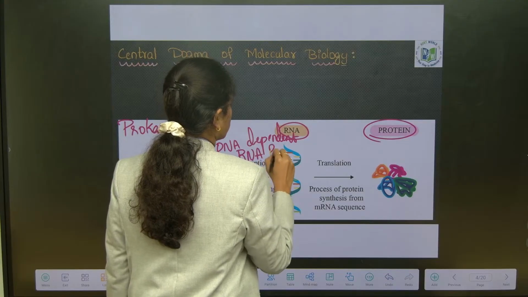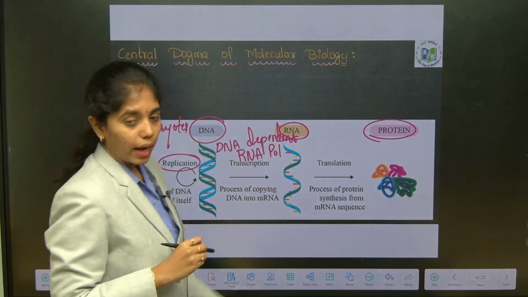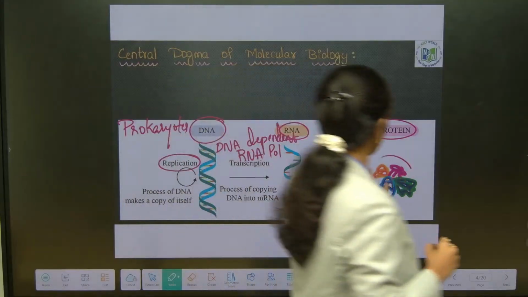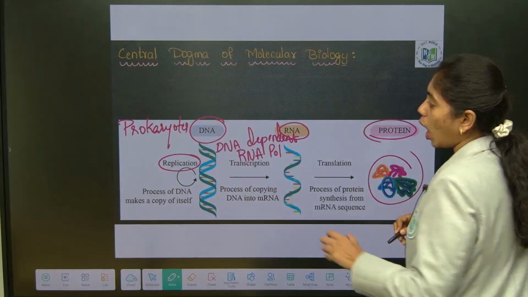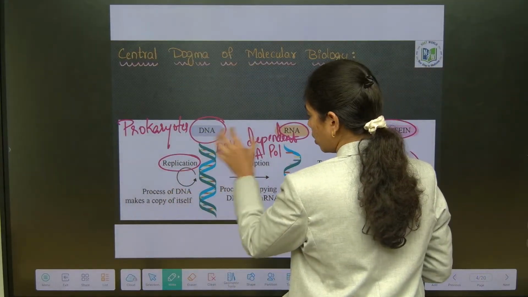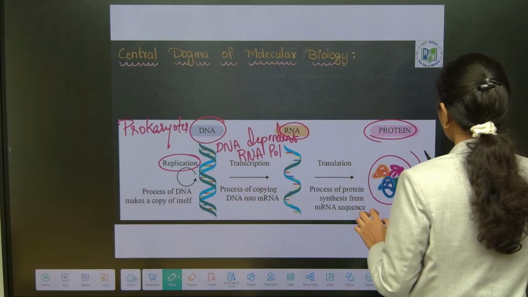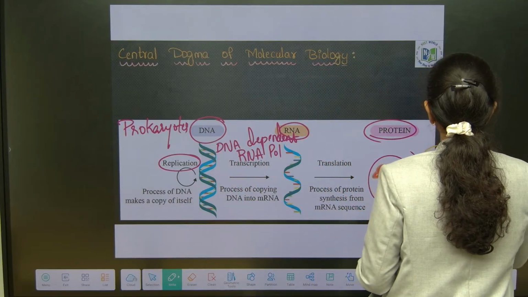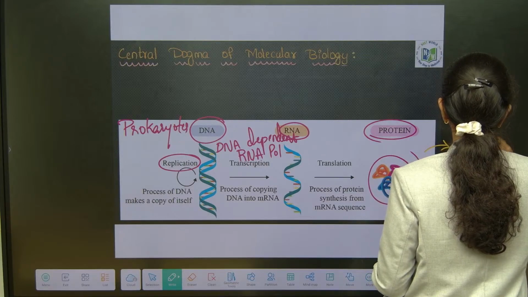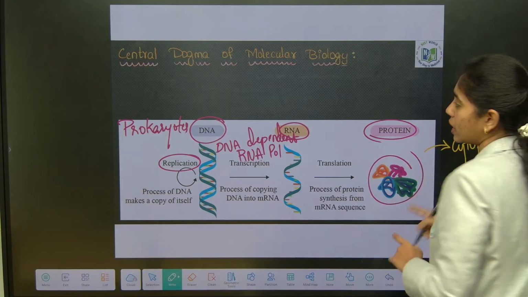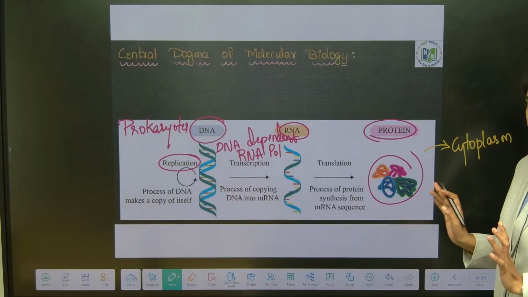And this will be translated to proteins. All the events, replication, transcription, translation, occur inside the cytoplasm only, inside prokaryotes. Clear till here?